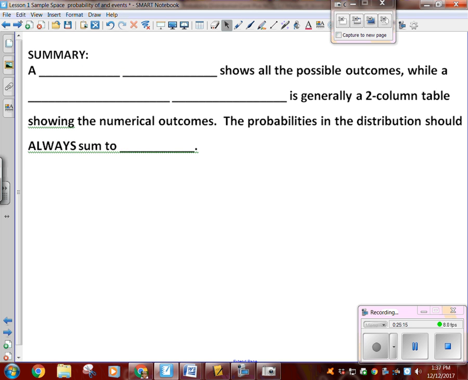Okay. Summary. This is really quick. A blank blank shows all the possible outcomes. Nope. The very first thing we did. Sample space. I think that was actually the very first sentence at the top, wasn't it? Did I put that at the very first somewhere? Is it on there somewhere? Okay.